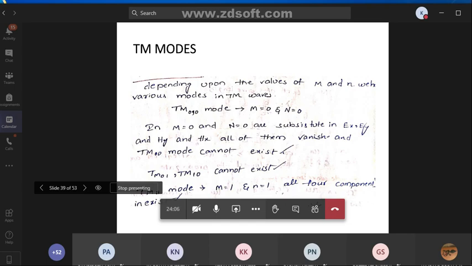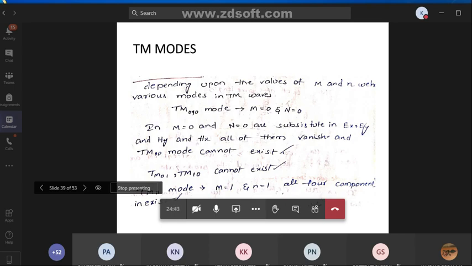All of them vanish, so we can say that the TM00 mode cannot exist, because all the field equations vanish.